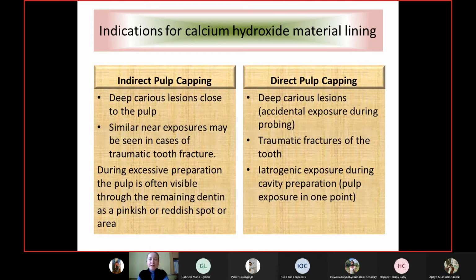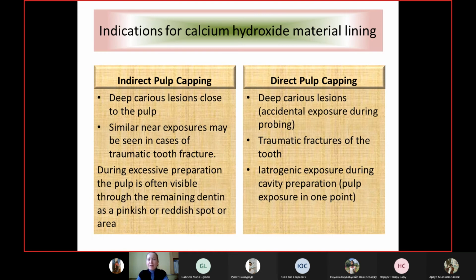Calcium hydroxide materials are used with such techniques: indirect and direct pulp capping. Indirect pulp capping is placement of calcium hydroxide material in places where there is proximity of pulp exposure, close to the pulp horns, but still a thin layer of dentine is preserved.